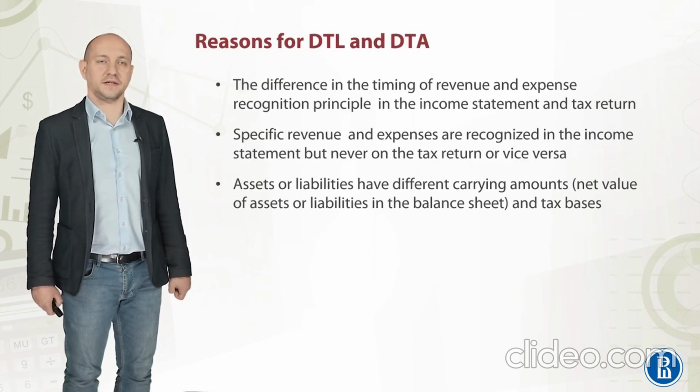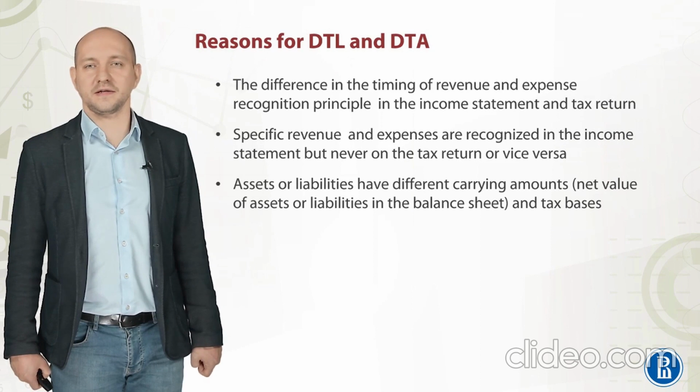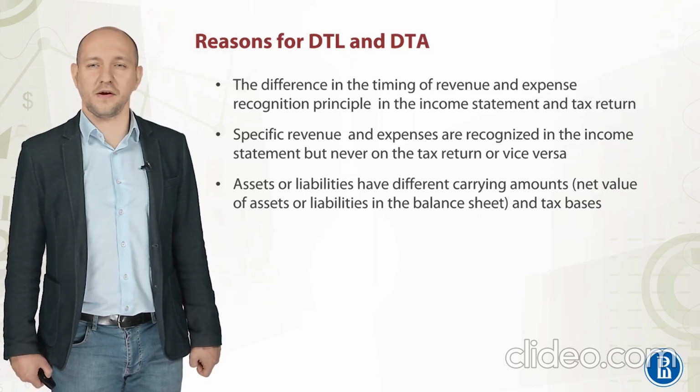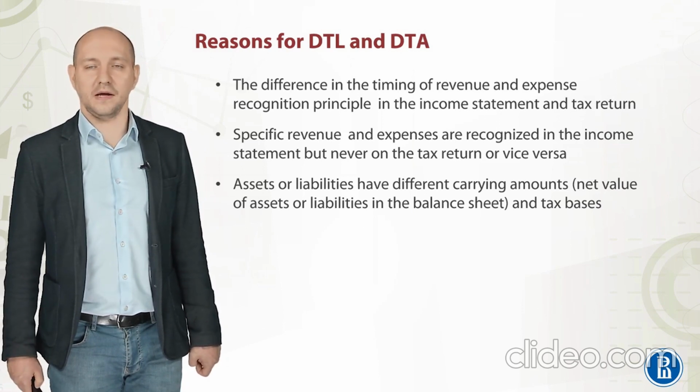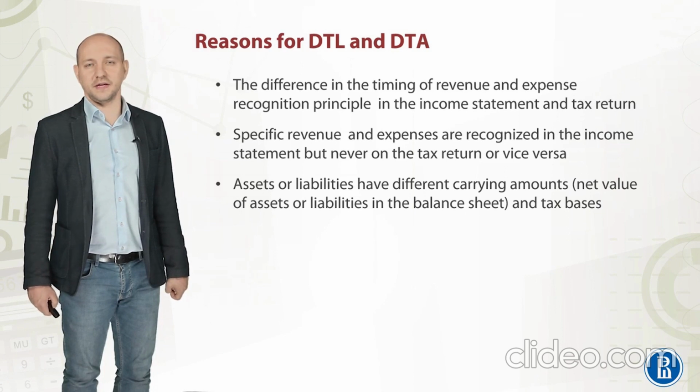And now let's better understand what leads to deferred tax liabilities and deferred tax assets and why they arise in general. So, first of all, it could be the difference in the timing of the revenue and expense recognition principle in the income statement and tax return. As we have discussed before, it could be, for instance, different depreciation policies for the income statement and tax return.